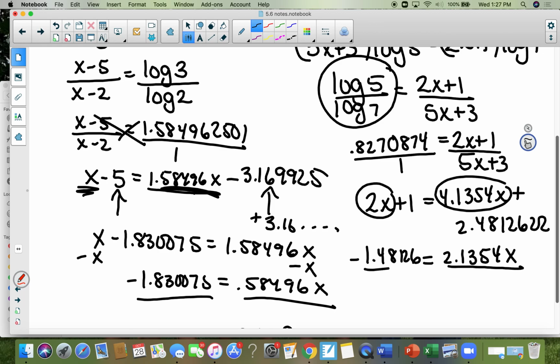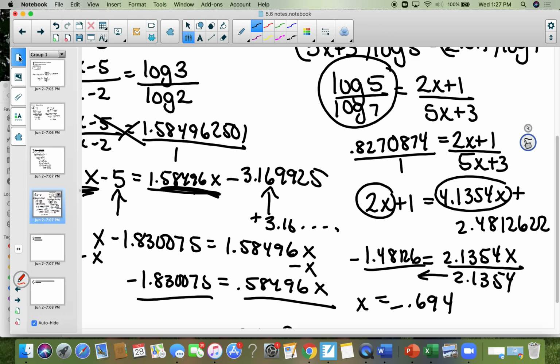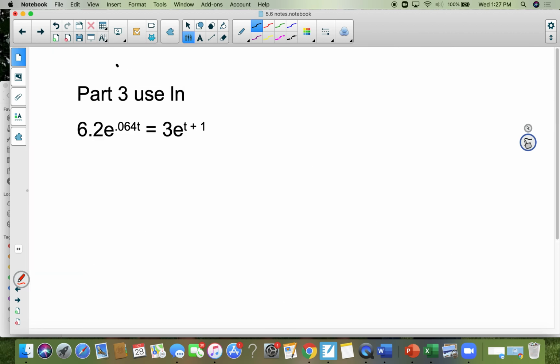And then to get x alone, you divide both sides by 2.134. You are going to get a negative 0.694 for your x value. This is hard for a lot of people because of the weird decimals.